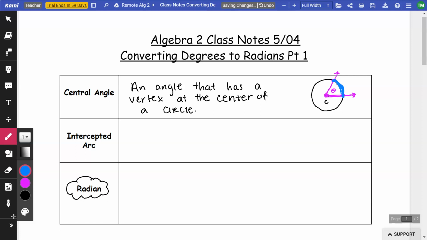So an intercepted arc is the portion of the circle with endpoints on the sides of the central angle.